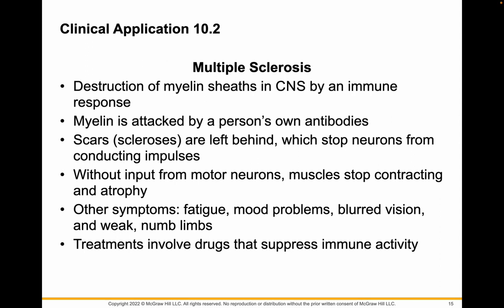And remember, if you don't use your muscle, you lose it. So it's going to really affect movement, and it can affect mood and vision and all of the things. There are treatments involved, but they suppress the immune system so that they'll stop attacking the myelin, so then you could get a secondary infection. I do have a relative that has multiple sclerosis, or MS.